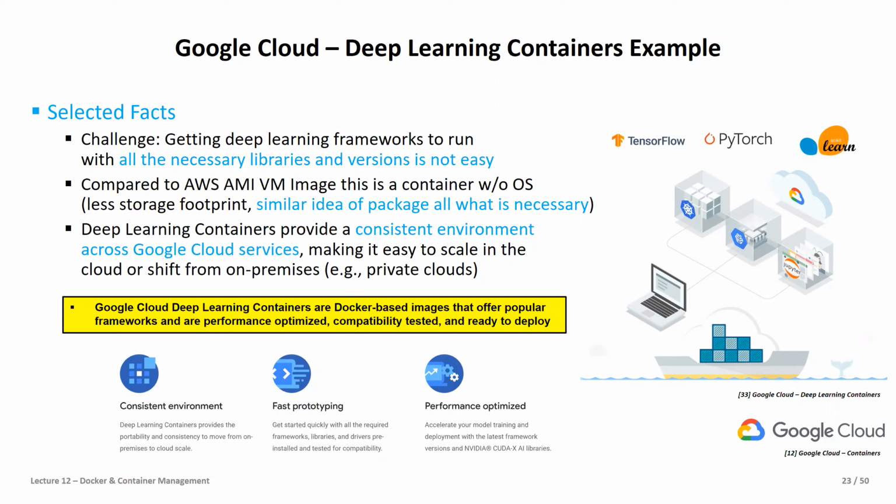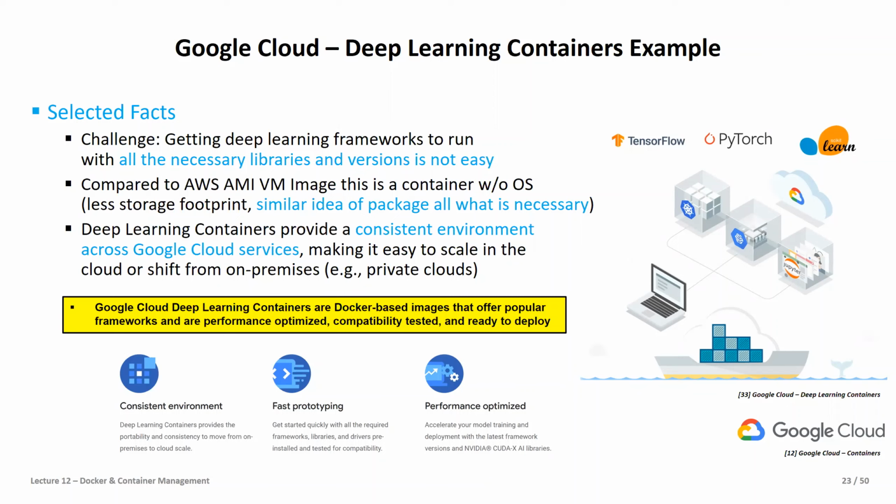So the difference here is when we talk about containers, of course, that here would have a very similar consistent deployment of all these packages, but we don't have, let's say, the Amazon operating system or Linux or basically any operating system there. So we're talking about essentially a container. And this is one of the benefits.